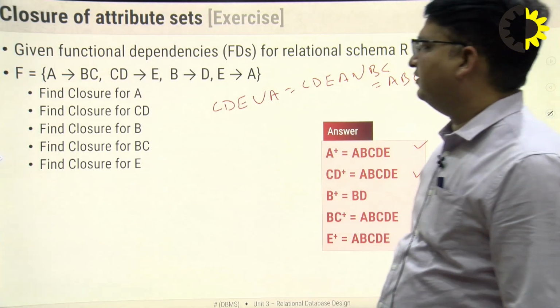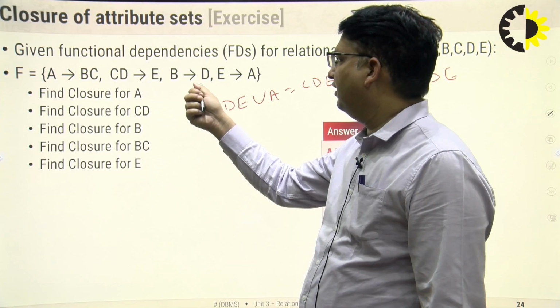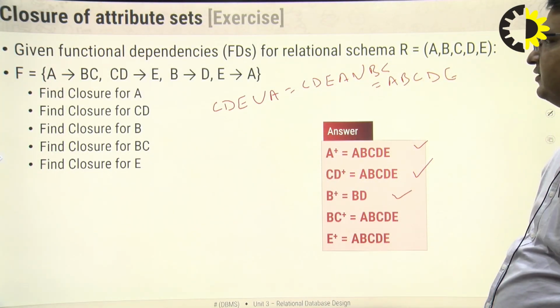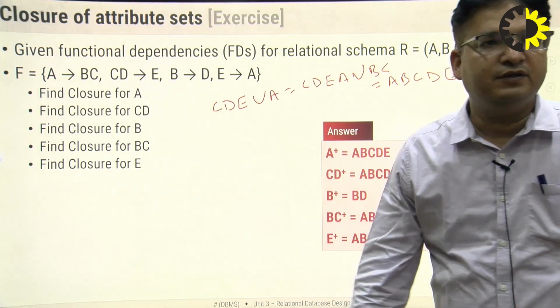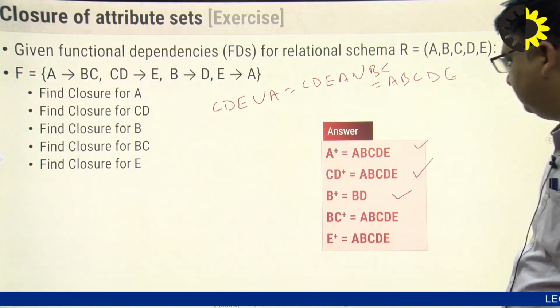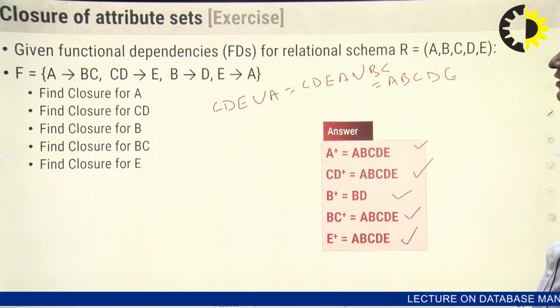In a similar fashion, B determine D, so the answer is BD. In a similar fashion, we can compute the closure of BC and E also. So this is also ABCDE and this is also ABCDE.